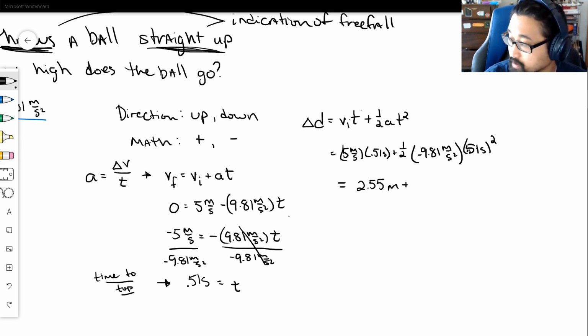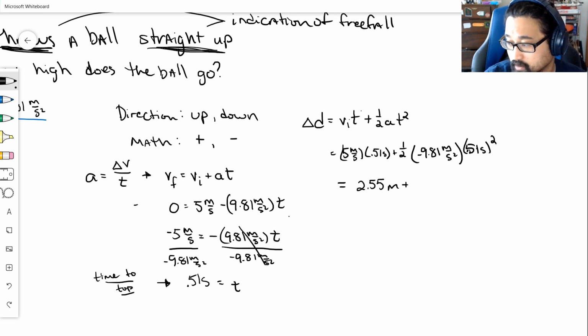And this is going to be plus, actually, really it's going to be minus, right? So I'll do plus negative 1.2757905 meters.